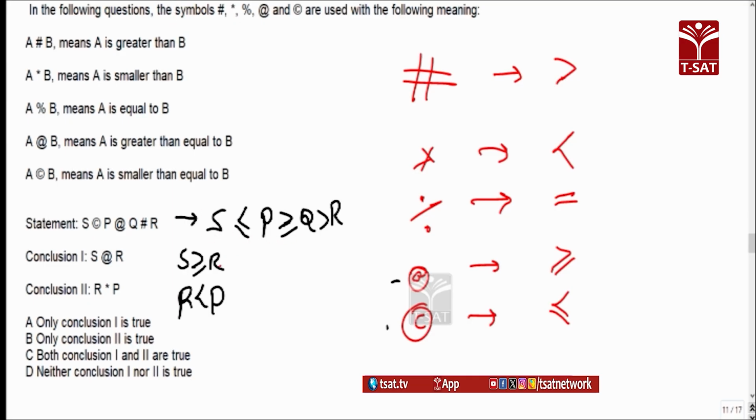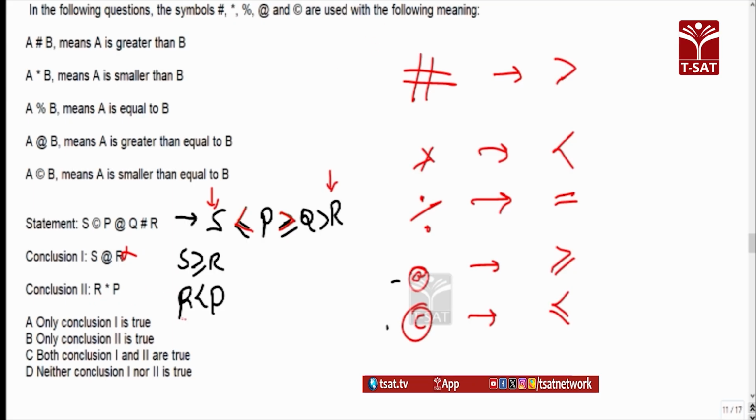He is saying that S is greater than or equal to R. See the two symbols, S here, R here. The greater than should always be towards it. But see here, it is less than, but it is here greater than. So obviously this particular conclusion becomes wrong.